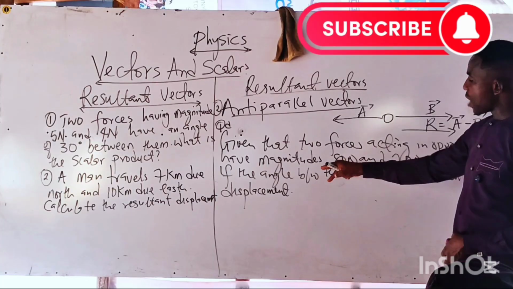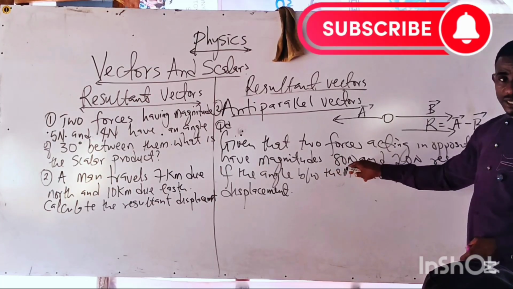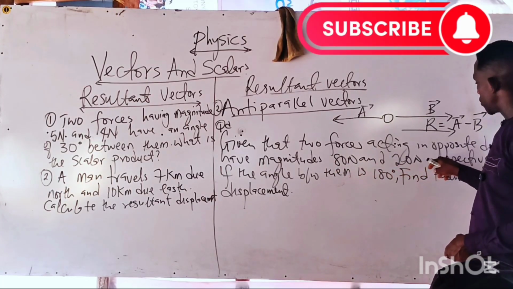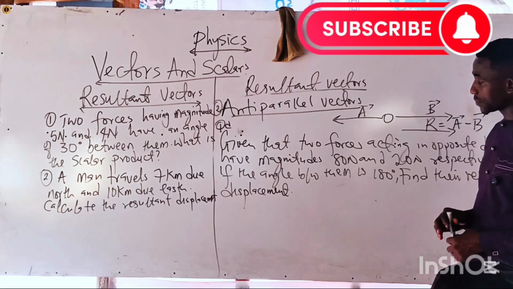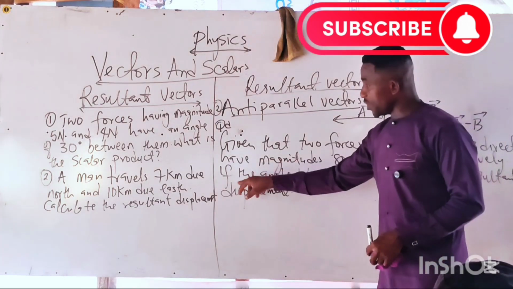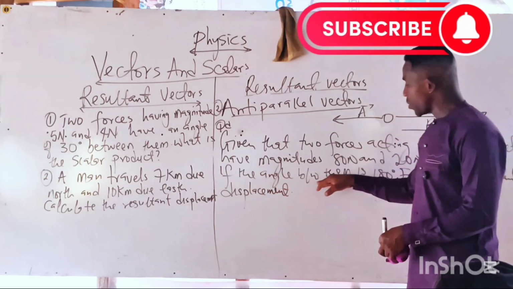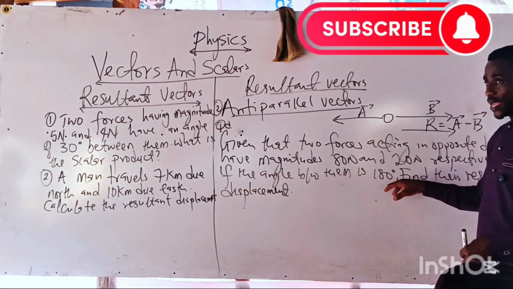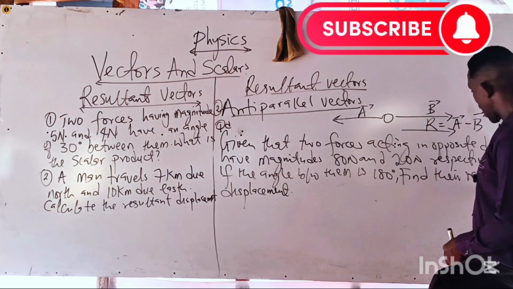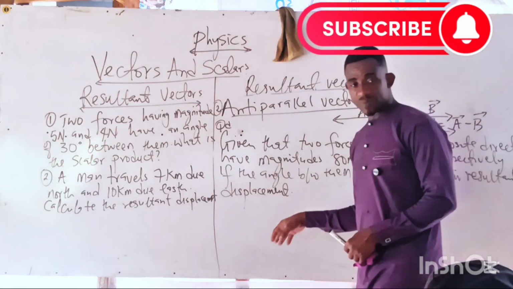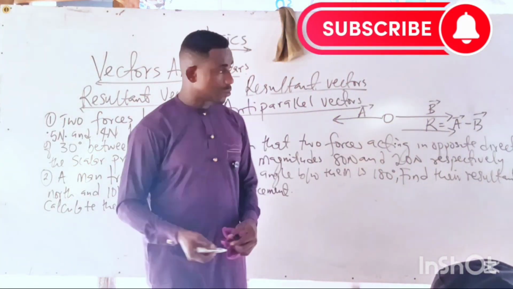Given that two forces acting in opposite directions have magnitudes 80 Newton and 20 Newton respectively, if the angle between them is 180 degrees, find their resultant. So what will you do?